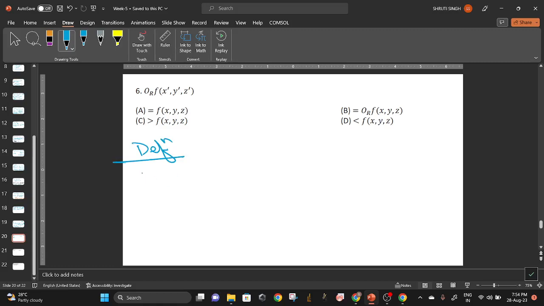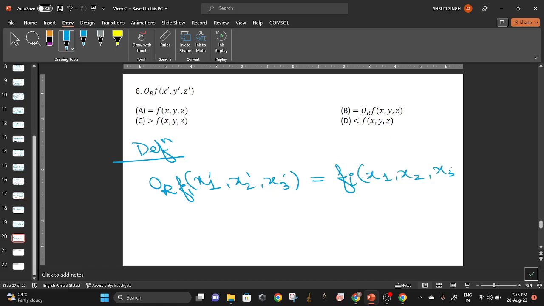The transformation operator O for the symmetry operation R, for any position vector fi, is defined as this only. fi of x1, x2, x3, and i can be anything from 1 to n.